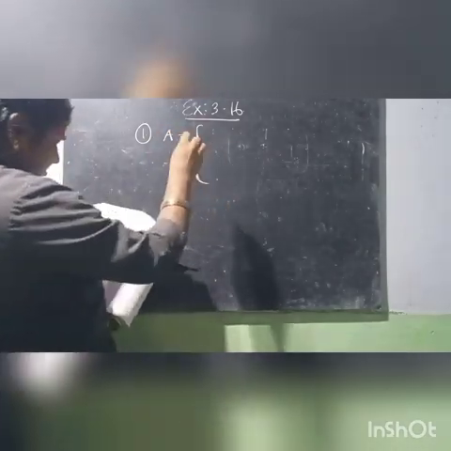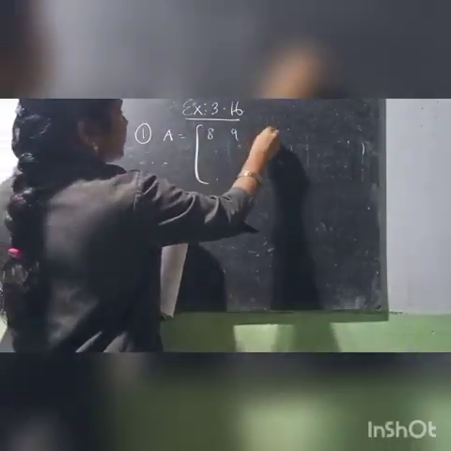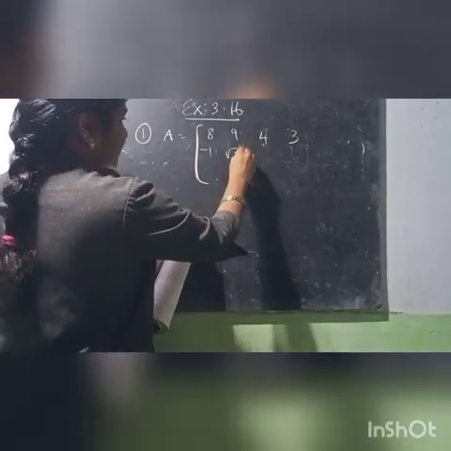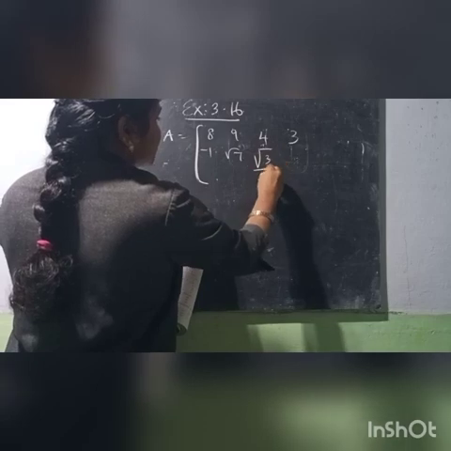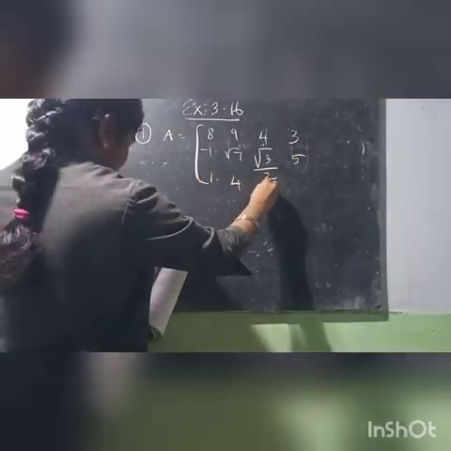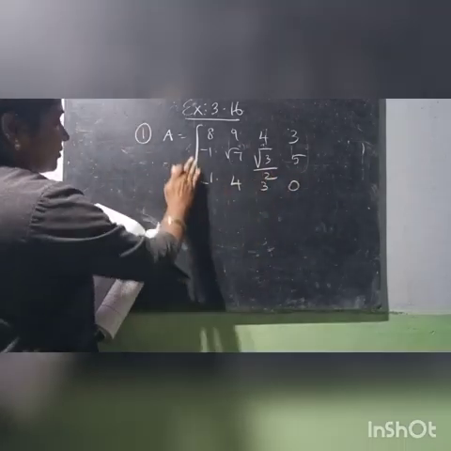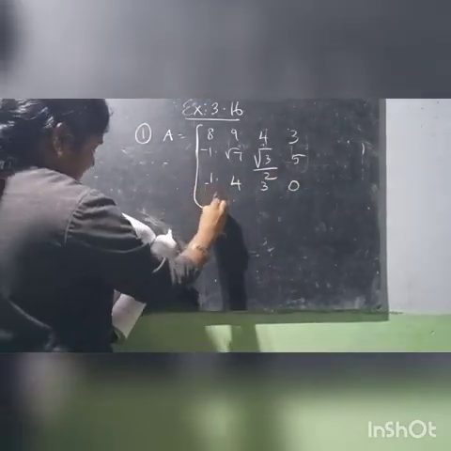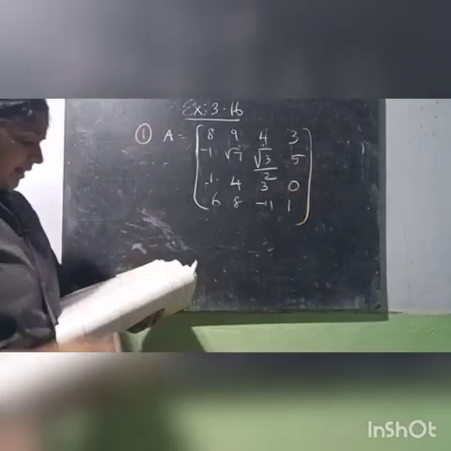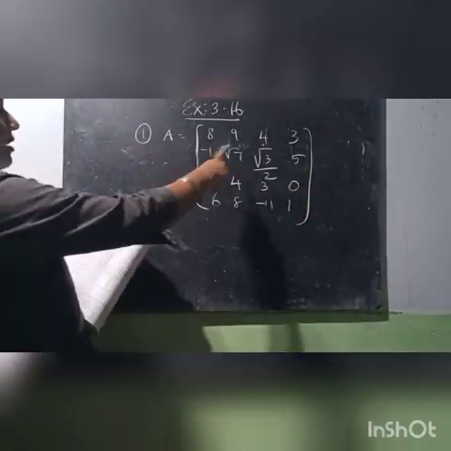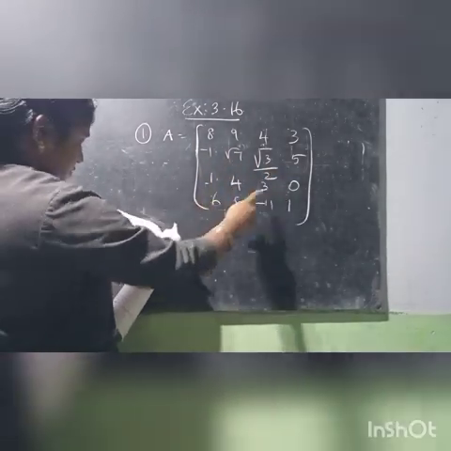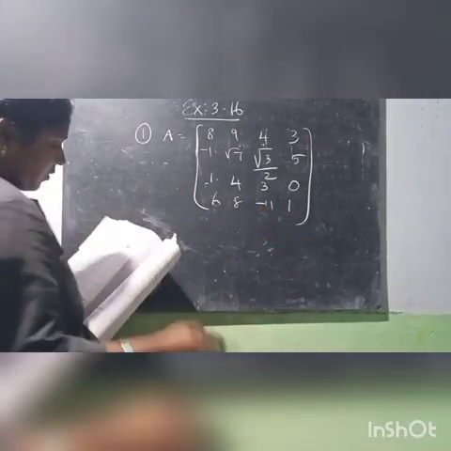In the matrix A, 8, 9, 4, 3, minus 1, root 7, root 3 by 2, 5, 1, 4, 3, 0, then 6, 8, minus 11, 1. The given matrix is 8, 9, 4, 3, minus 1, root 7, root 3 by 2, 5, 1, 4, 3, 0, 6, 8, minus 11, 1.